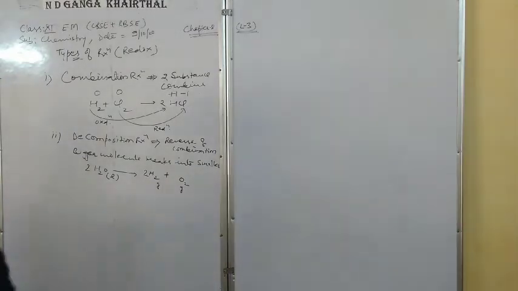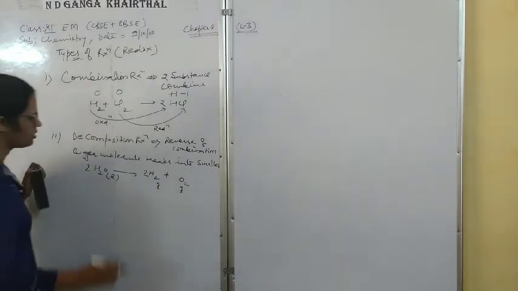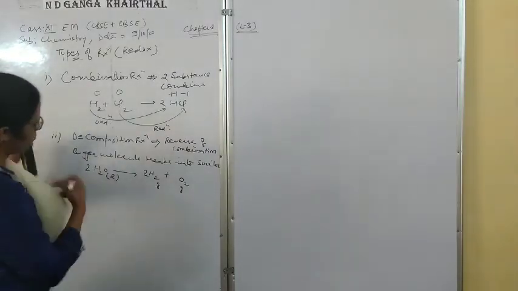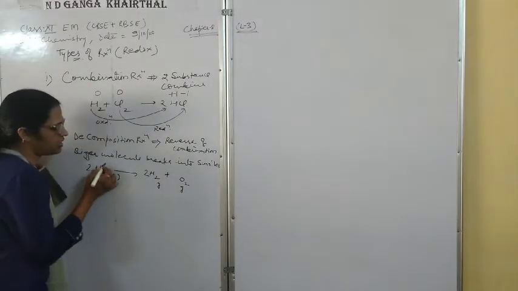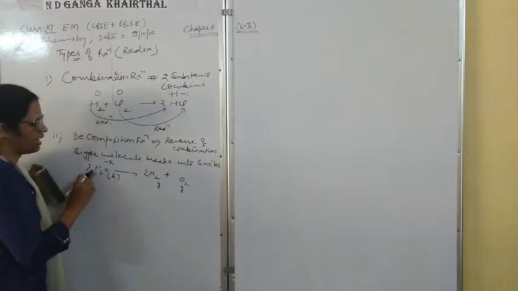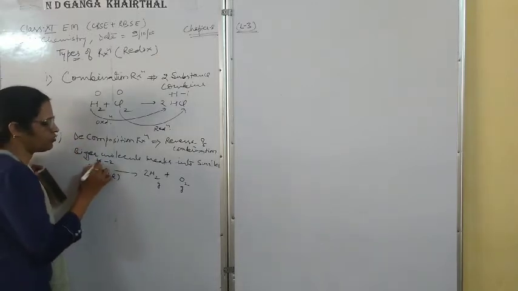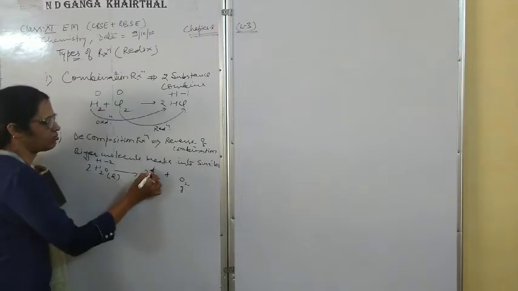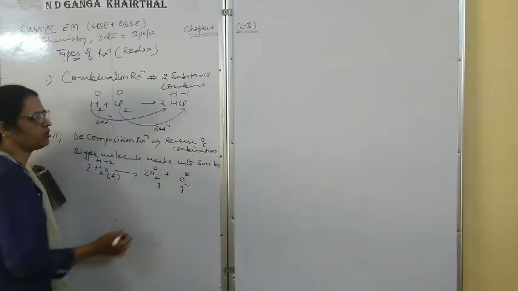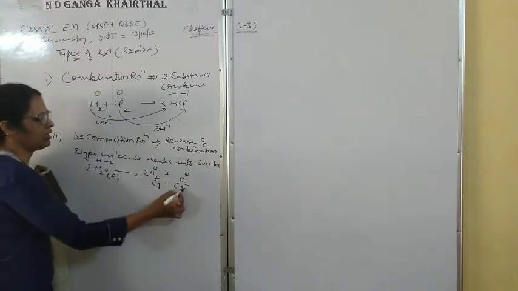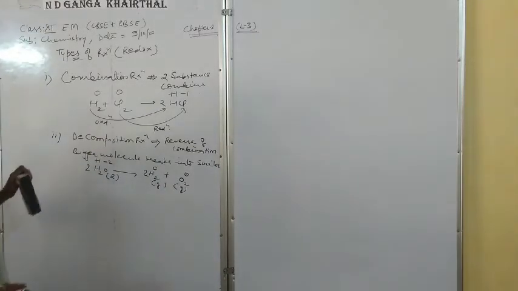Okay. So here in H2O, oxygen has oxidation number -2 and hydrogen has oxidation number +1. Clear? And here the oxidation number of hydrogen is 0 and oxygen is 0. So what's going on?